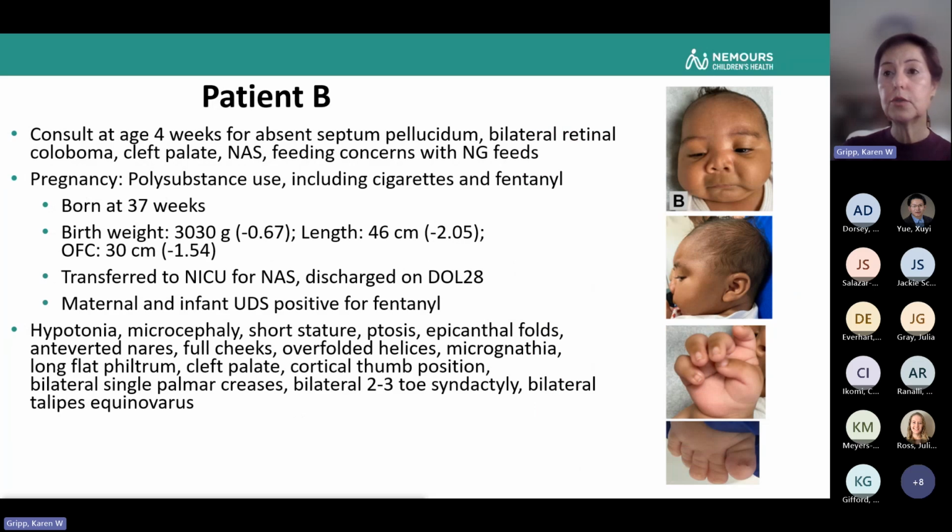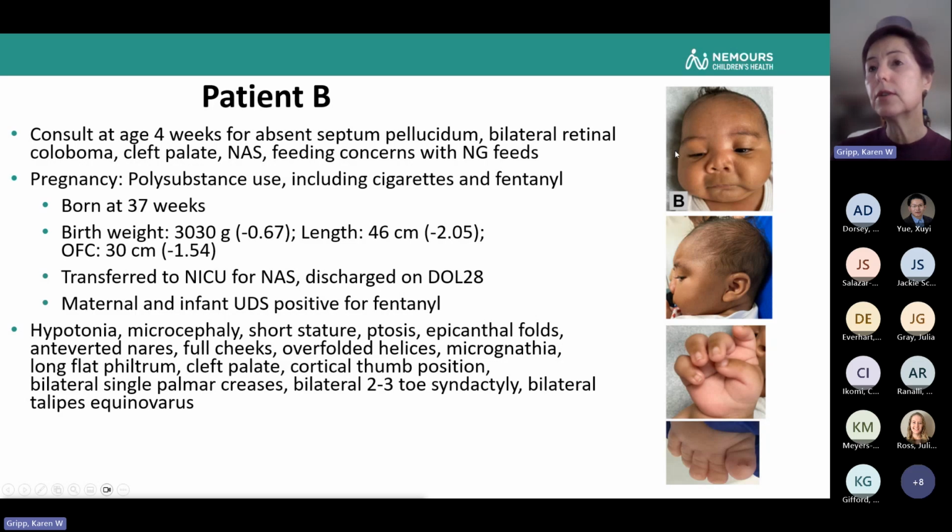Now, interestingly, this patient looked a lot like another patient that was followed in our cleft and craniofacial clinic. This patient had come to attention around the same time. He was also the product of a pregnancy that included polysubstance abuse, including fentanyl. He was also relatively small at birth and had neonatal abstinence syndrome.